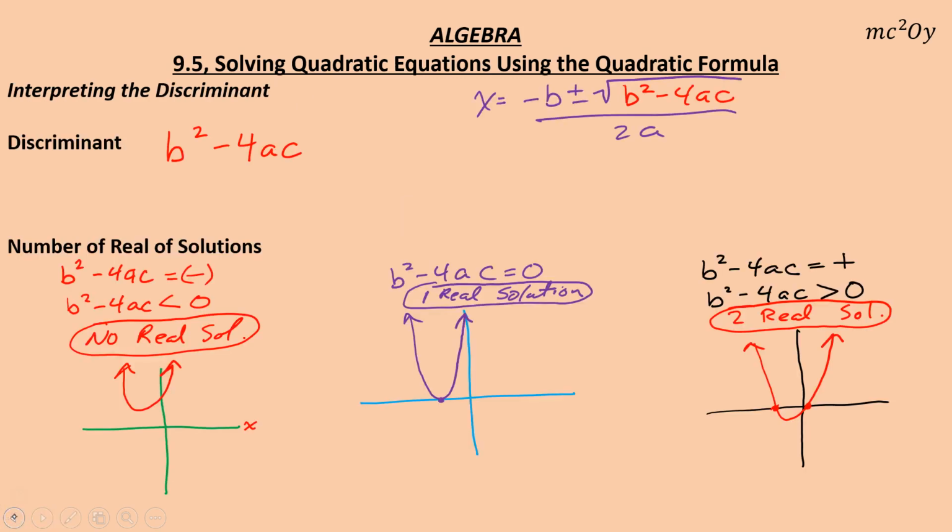You know what, I forgot to add one thing here, and it was kind of assumed, but one note you might want to make on this previous slide, you still have to be in ax squared plus bx plus c equaling 0. Okay?